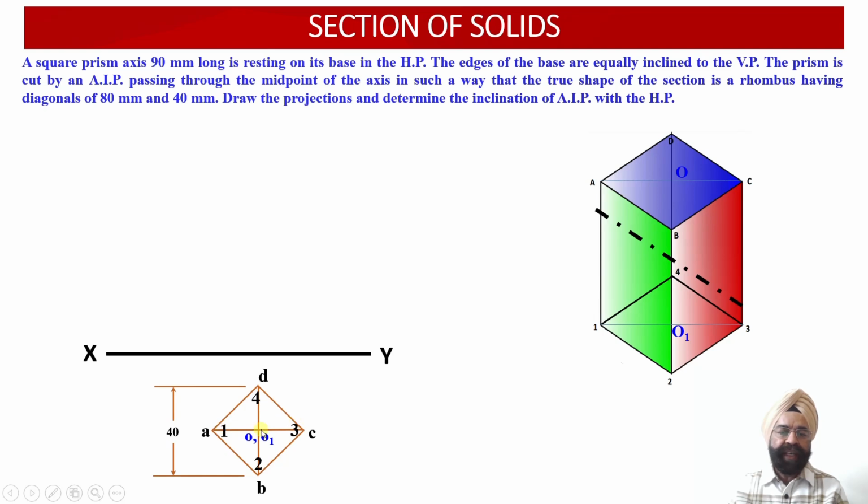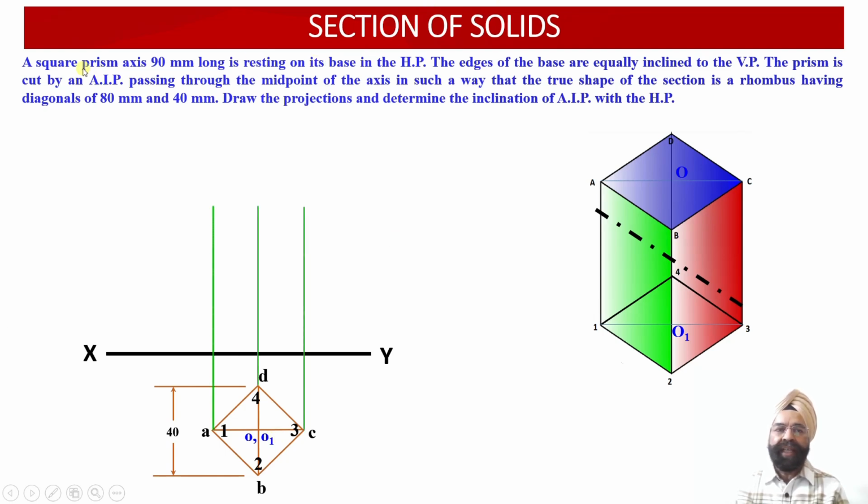So here we get axis points as O and O1. So O point of the axis happens to lie corresponding to the top face of the solid, and the O1 point happens to lie corresponding to the base onto the horizontal plane over here. So here we have got 2 points of the axis O and O1 represented in the top view projections.